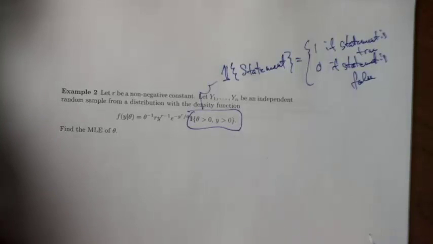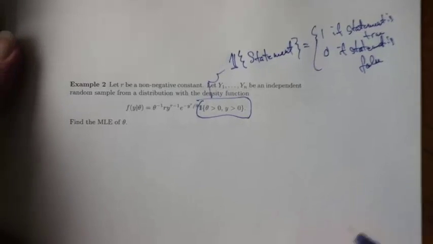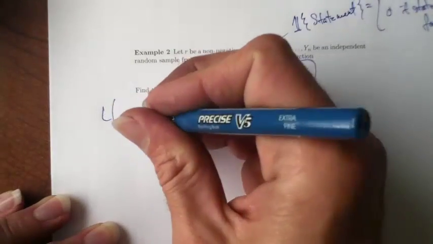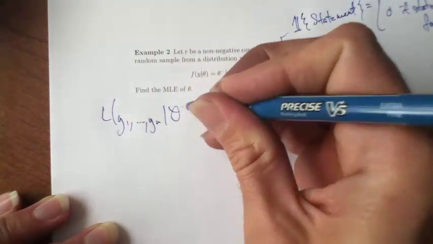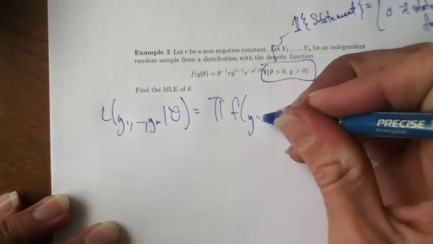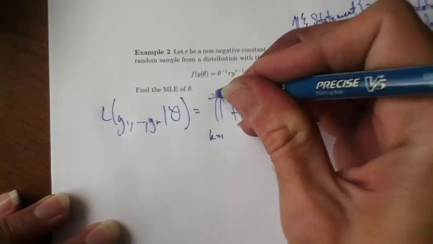Okay, so let's find the maximum likelihood estimator of theta in this case. So I'll write down my likelihood function of my values given theta. This will be the product of f sub yk given theta, k equals 1 to n.